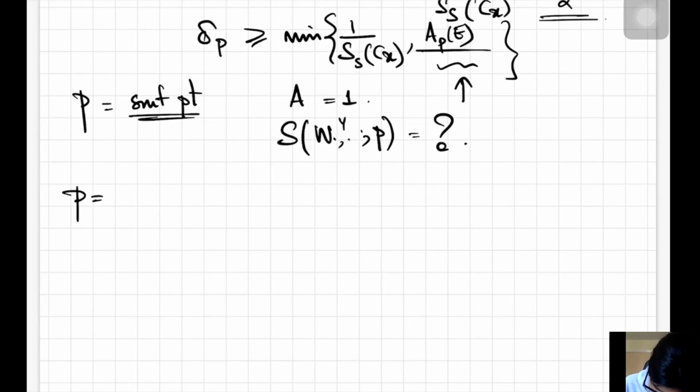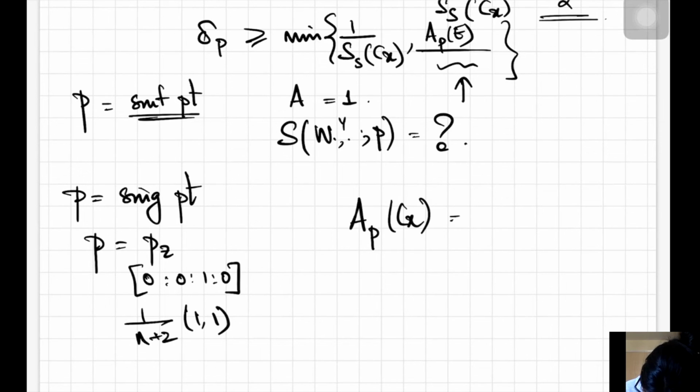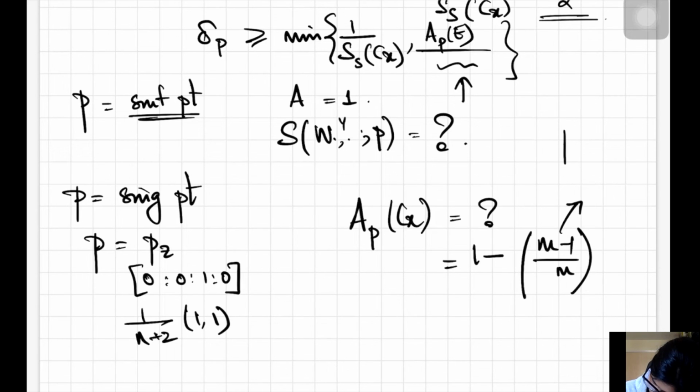But for a singular point, I thought this might be more interesting for you to see how it would look. If my point was just P_z, which was 0, 0, 1, 0, and I said it was of type 1 over n plus 2, 1, 1, I first need this. And this is nothing but 1 minus (m minus 1) over m, if my P is given by a cyclic quotient singularity of this form.